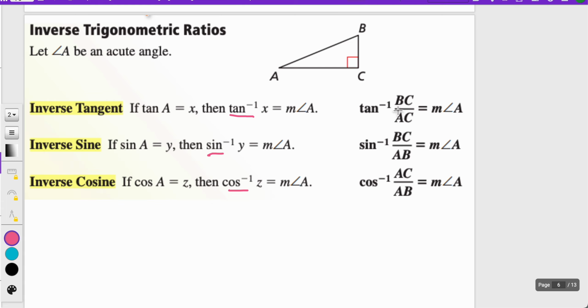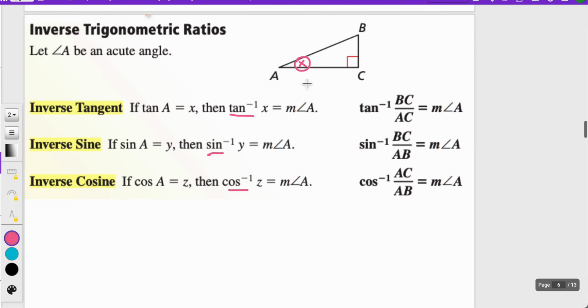So the inverse of tangent for measure of angle A would be BC over AC, because if you think about tangent, it's opposite over adjacent. So we're essentially starting with the segments BC over AC, and that will help us solve whatever that angle measurement is, okay?